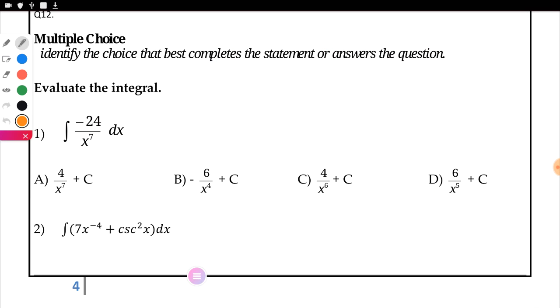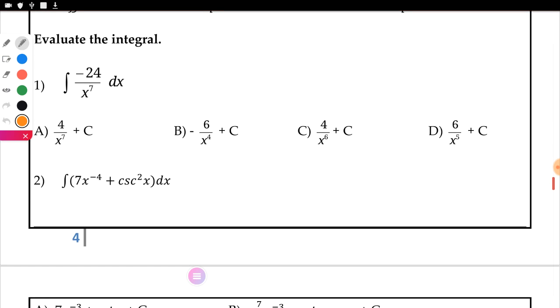Okay, for the first question, I'd like to integrate negative 24 over x to the power 7 with respect to x. Before I begin to solve, I'd like to remind you of the basic rules which I need here.